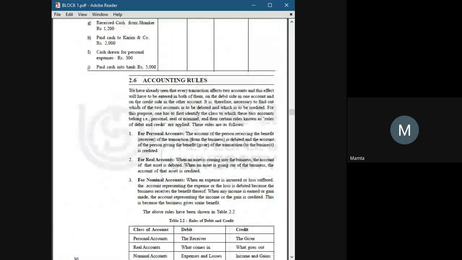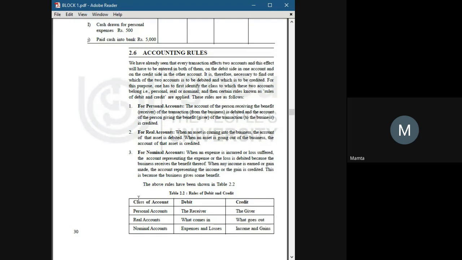Now, accounting rules. We have accounting rules for each account. Like personal account, we have different accounting rule. For real account, we have different accounting rule, and for nominal, we have different accounting rule. For personal account, as we know, personal account is related to persons, the owner, like capital account and drawings account, and other expenses or income which are outstanding or prepaid.